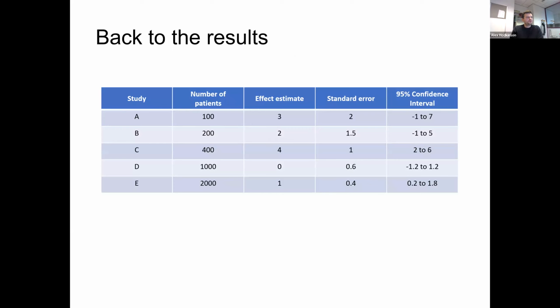You can see only 2 studies are statistically significant, study C and E, because their intervals don't include the value 0. So we've got uncertainty here in terms of significance, because 3 of them are non-significant and 2 are showing a significant result.